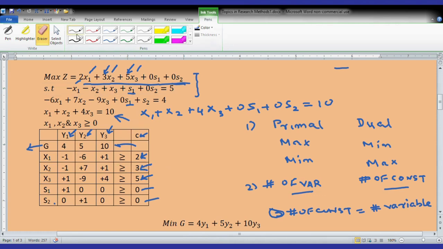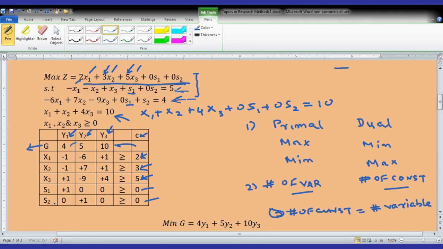Let's suppose that this is our first constraint. Assume that this is the first constraint and this is the second constraint. See that in the first constraint on the right hand side we have 4, so we have 4 here.